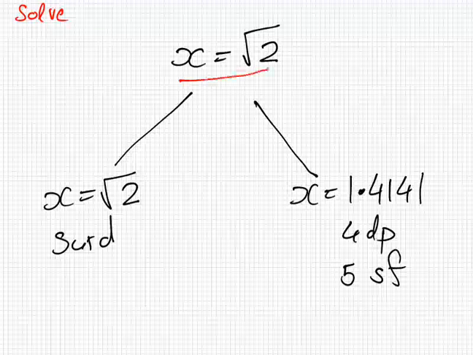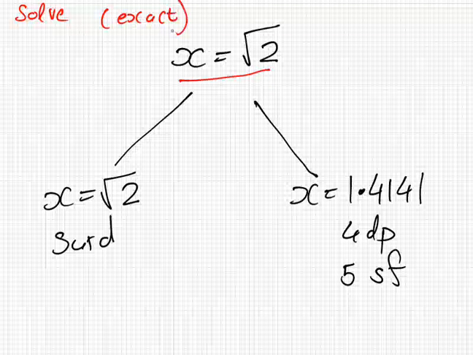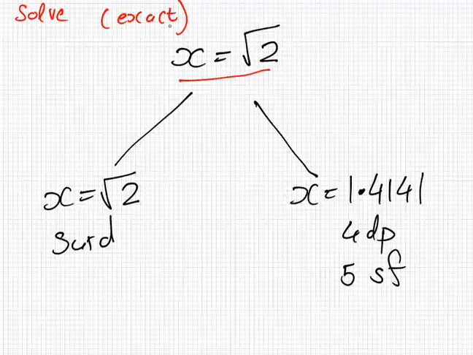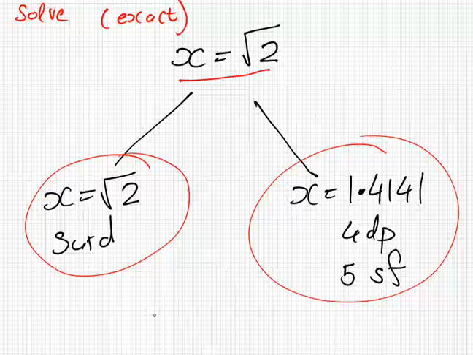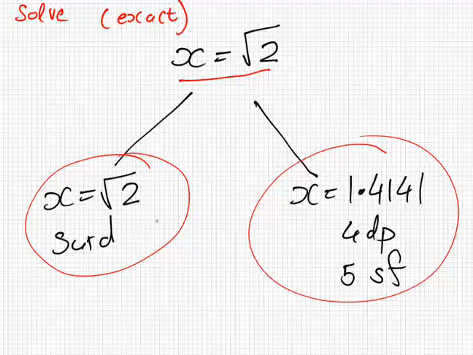So the formula is x equals minus b plus or minus square root of b squared minus 4ac, over 2a. That will be minus 10 plus or minus the square root of 100 minus 4 times 1 times minus 1, all over 2.